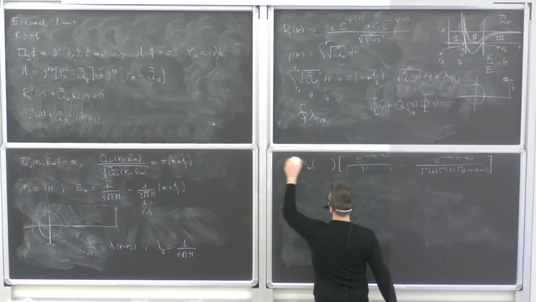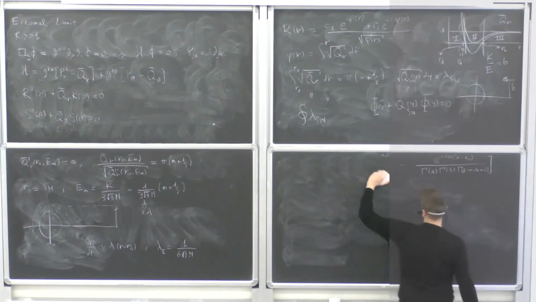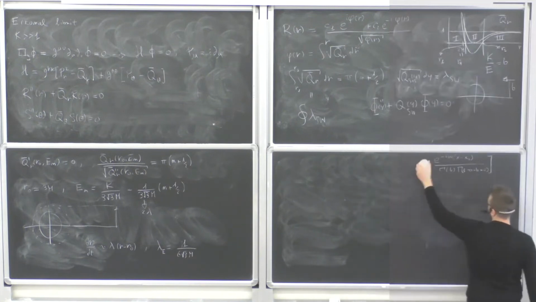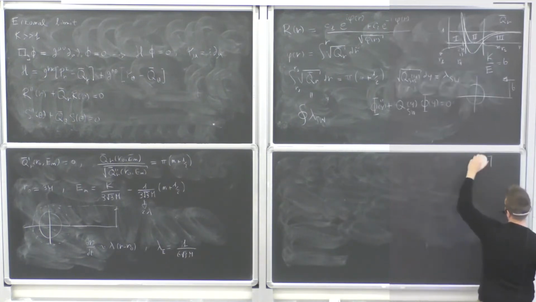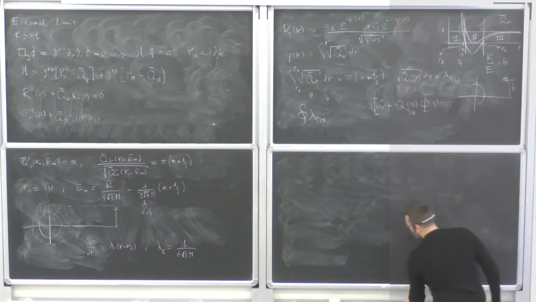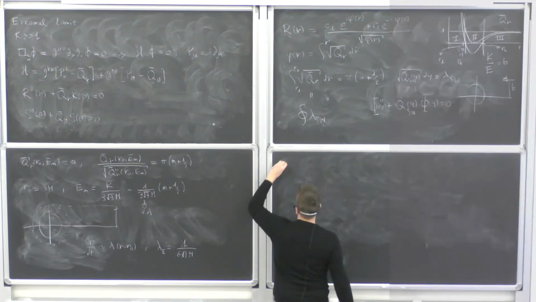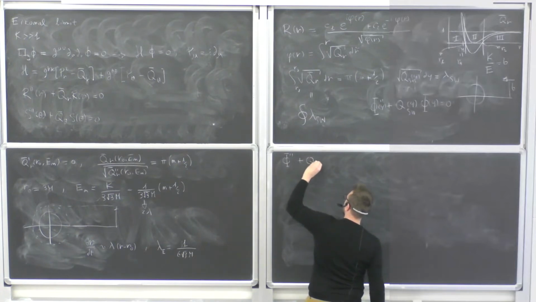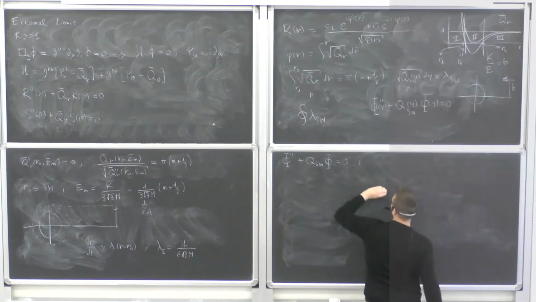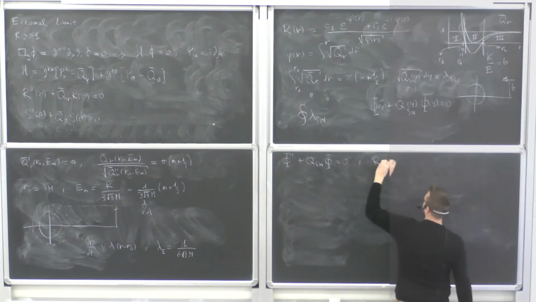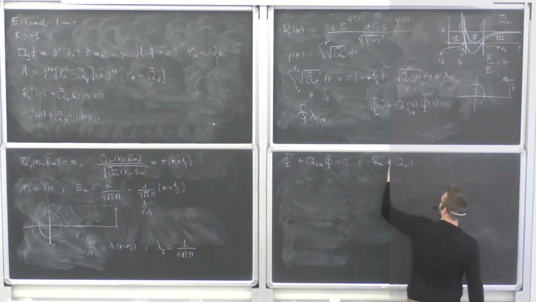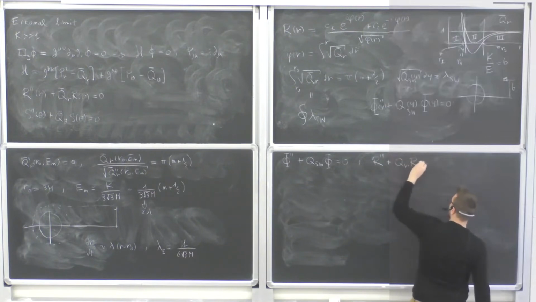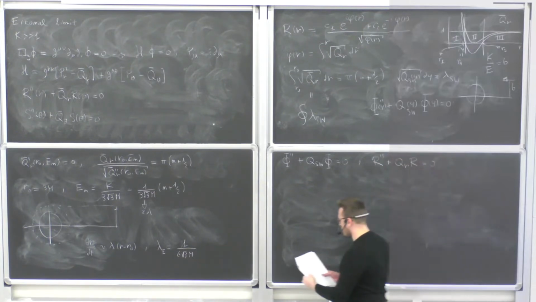What I will do now is to show you that you can map this Q value from the Seiberg-Witten point of view with the Q value obtained from the Schwarzschild black hole.